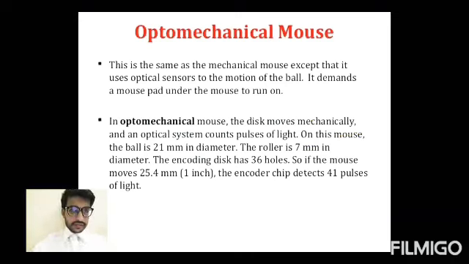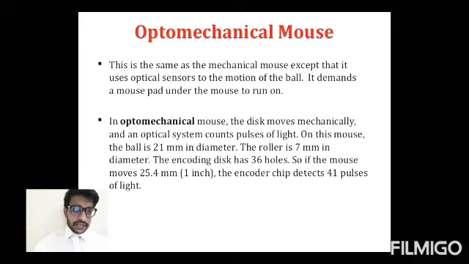Optomechanical mouse. It's a mouse that uses optical sensors and a motion ball. It also needs a mouse pad under the mouse to run on.